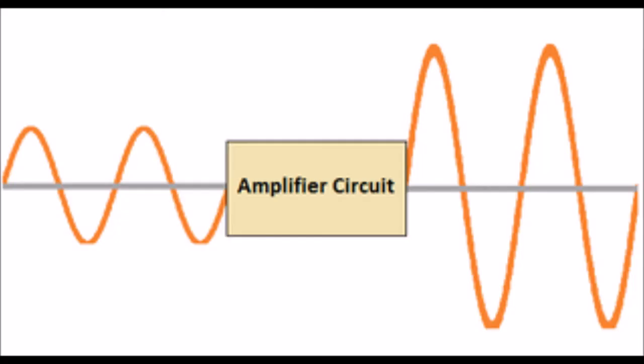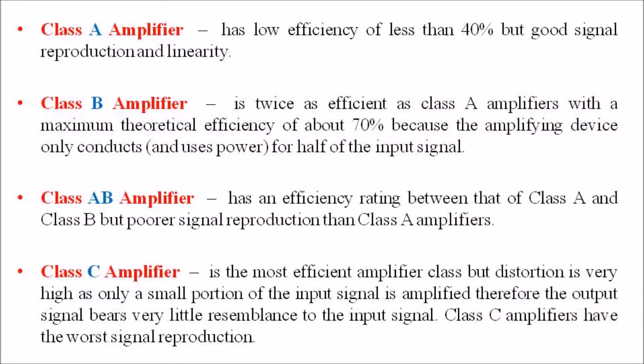with high efficiency. So as we mentioned, the class A amplifier has a low efficiency of less than 40% but good signal reproduction and linearity. The class B amplifier is twice as efficient as the class A amplifier, with a maximum theoretical efficiency of about 70%, because the amplifying device only conducts half of its input signal.